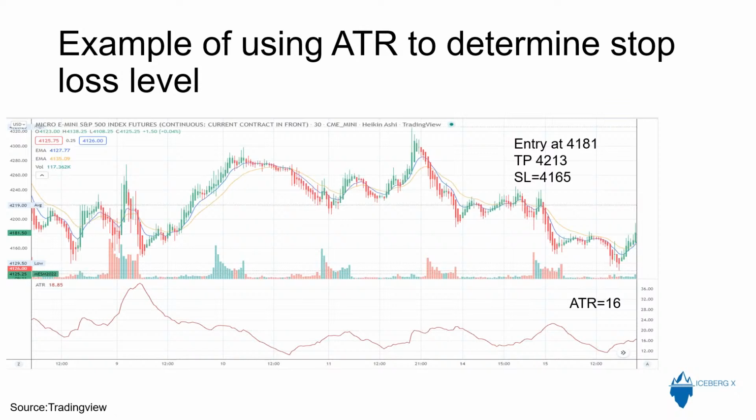That's a very good setup for taking a long position. The ATR value is about 16, so you should be putting your target profit at 2 times ATR, which is about 32 points, and the stop loss level at 16 points. That's how we use ATR to gauge your target profit level as well as your stop loss level.